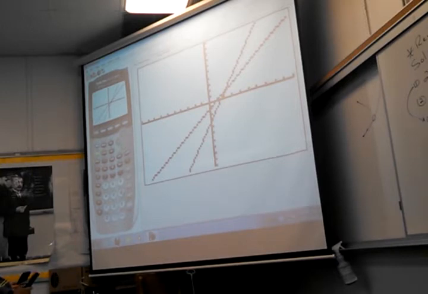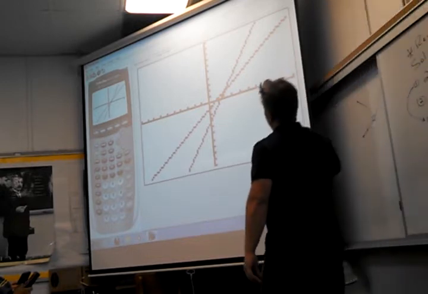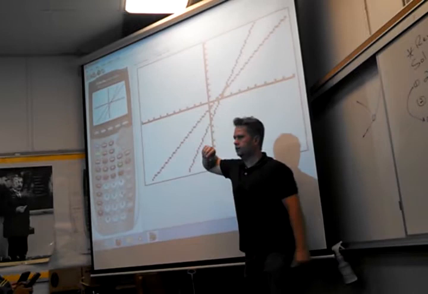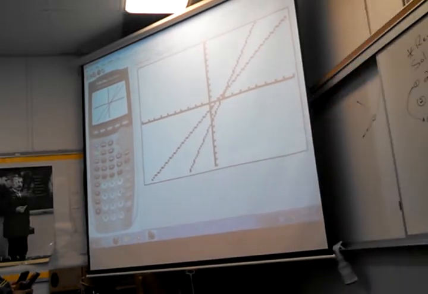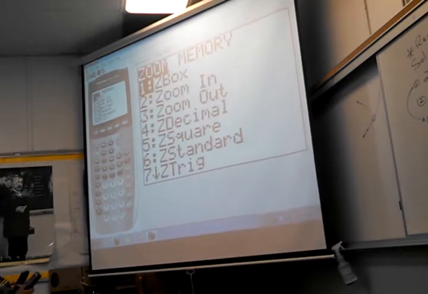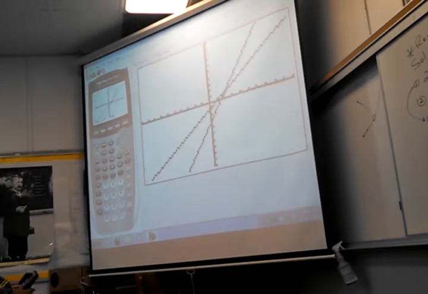So it looks like, I mean, here's 1, 2. It looks like everything's happening right there, right? So one thing I want to show you right here is the zoom feature. Personally, I like zoom box. If you hit the zoom button right there in the middle, number 1, a little cursor comes up, and that's going to be one corner of my little zoom box.